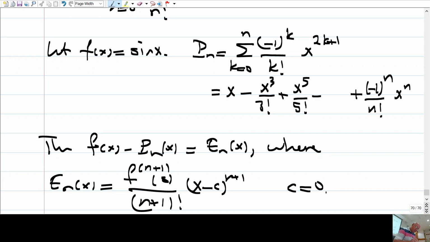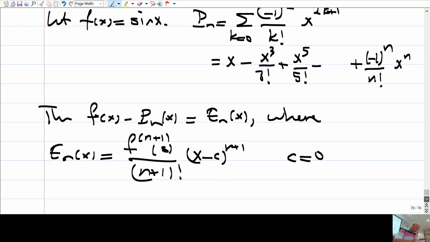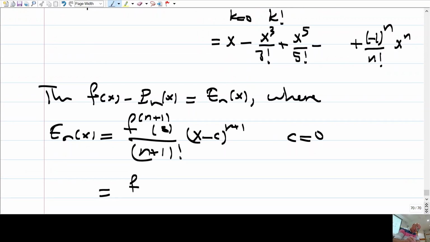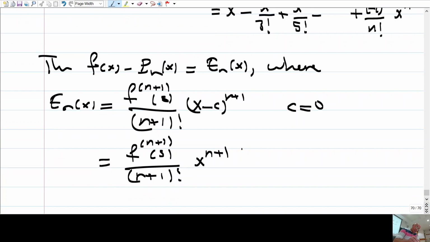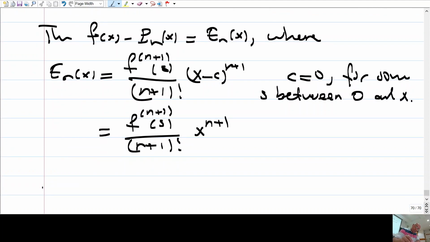Here I take c equals 0, right? We look at the Maclaurin series. So the error term is just the n plus first derivative at s over n plus 1 factorial times x to the power n plus 1. And what is s? For some s between 0 and x.